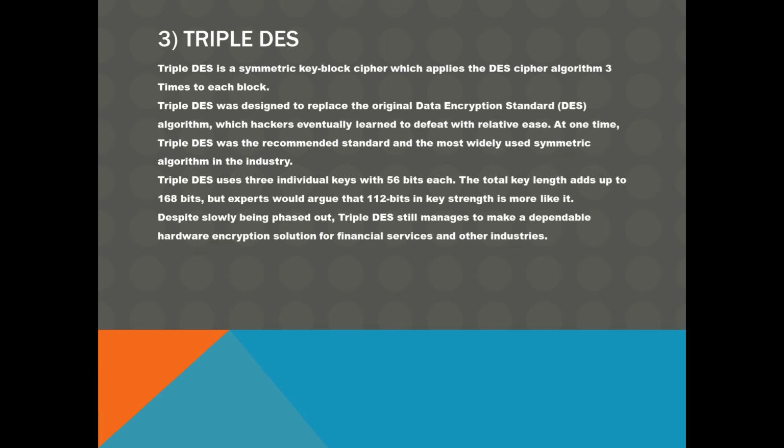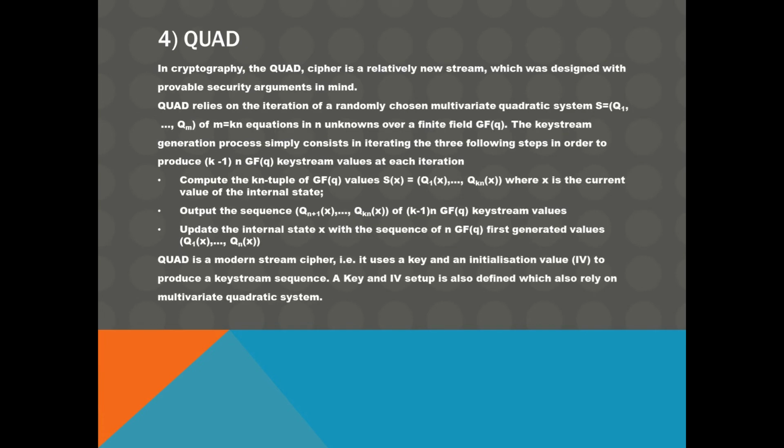So with 3 such DES keys, we have 168 bits. But experts would argue that 112 bits in key strength is more like it. Despite slowly being phased out, triple DES still manages to make a dependable hardware encryption solution for financial services and other industries. So the next encryption algorithm we have is QUAD.